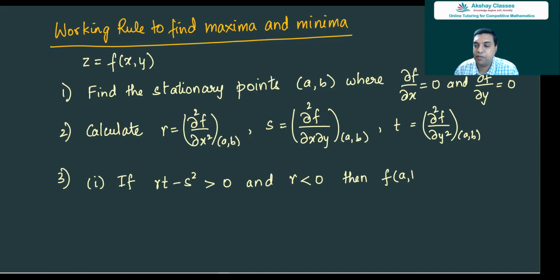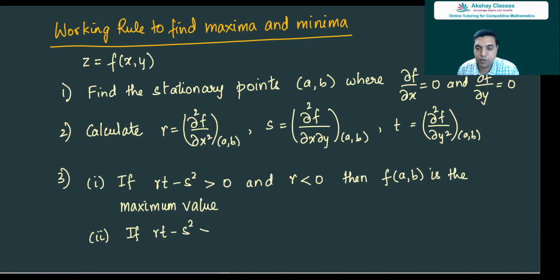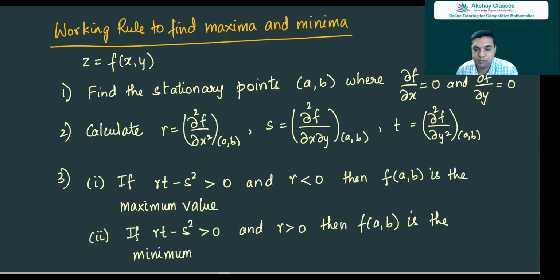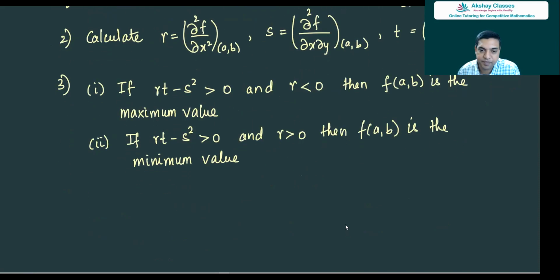So f of a comma b is the maximum value. If rt minus s square is greater than 0 and r greater than 0, then f of a comma b is the minimum value. So point of minimum will be a comma b.